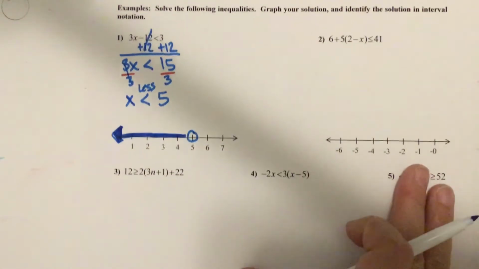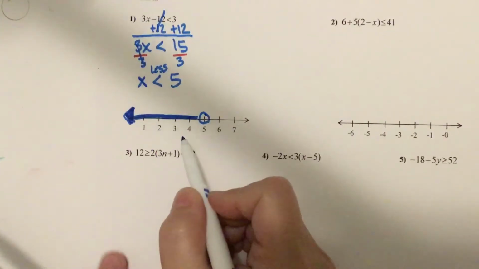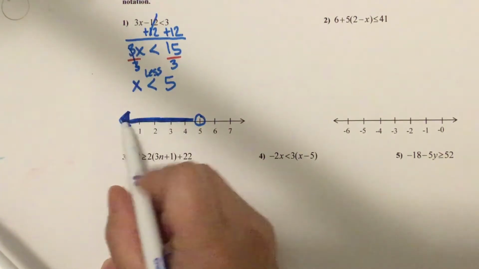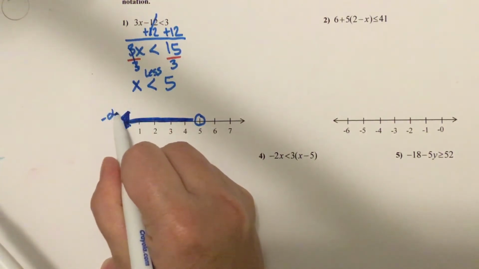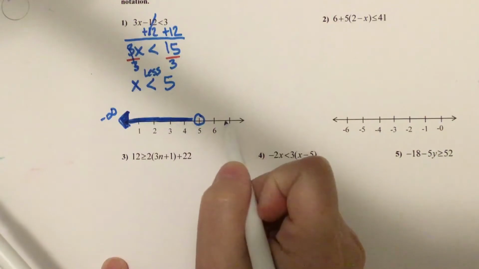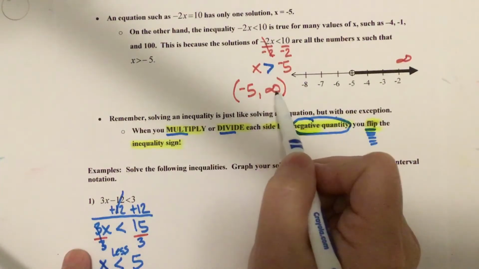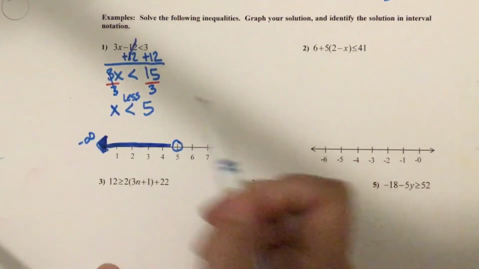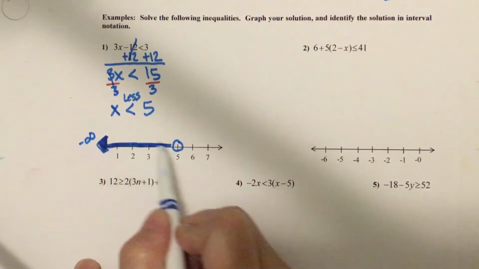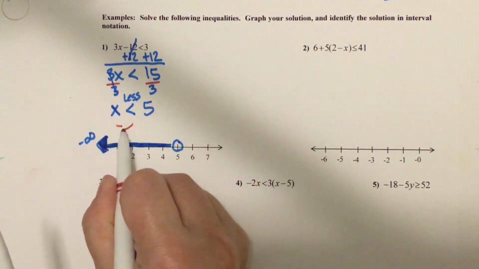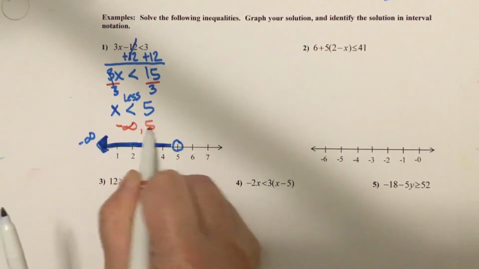So now to do interval notation, I know that because this graph is going forever to the left, the numbers are getting smaller and smaller, so it's headed to negative infinity. So remember, interval notation, you always put the smaller number first and the bigger number last. So negative infinity is smaller than 5, so interval notation would be negative infinity, comma 5.